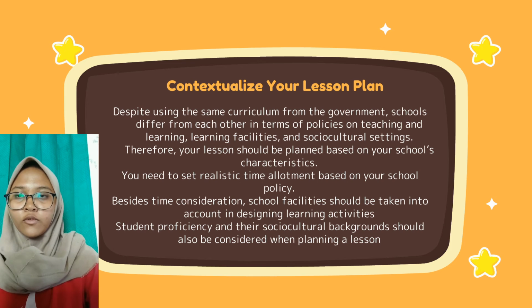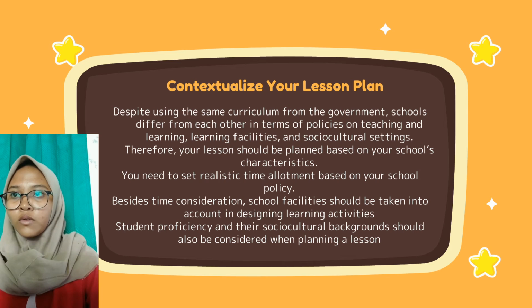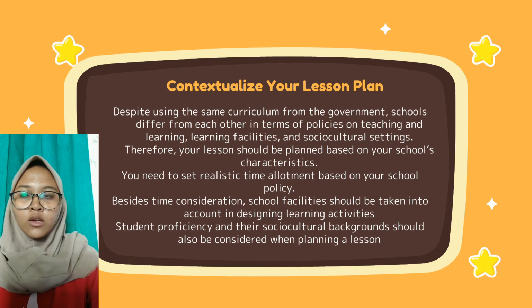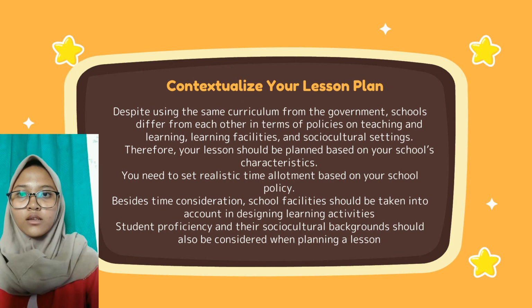Despite using the same curriculum from the government, schools differ from each other in terms of policy on teaching and learning, facilities, and socio-cultural settings. Therefore, your lesson should be planned based on your school's characteristics. You need to set a realistic time allotment based on your school policy.